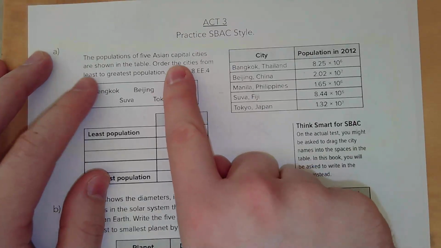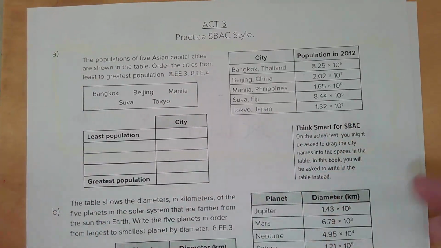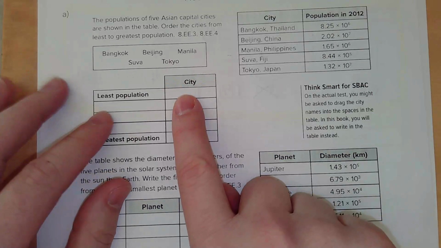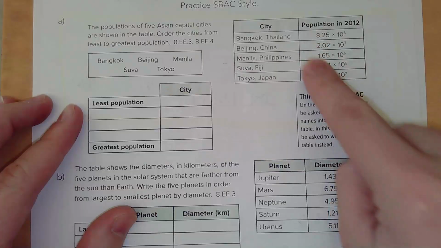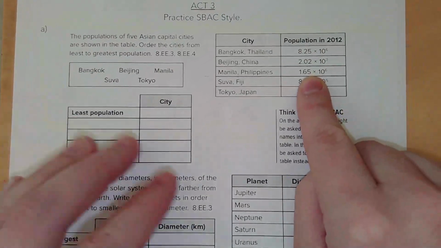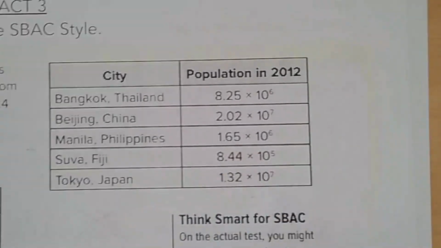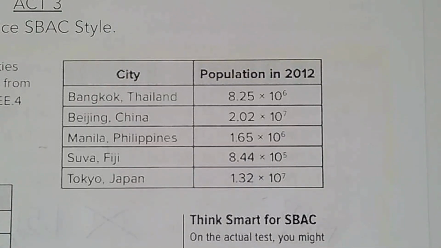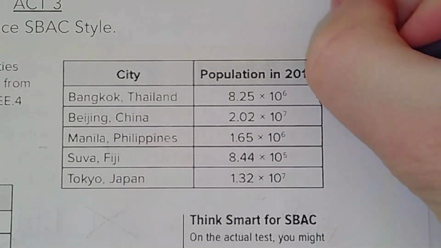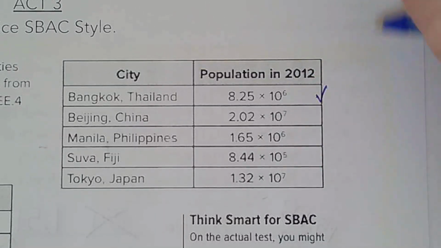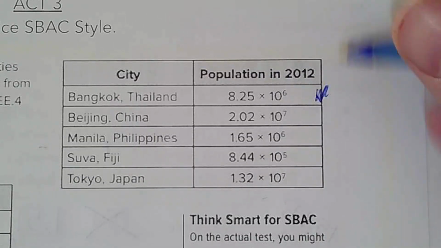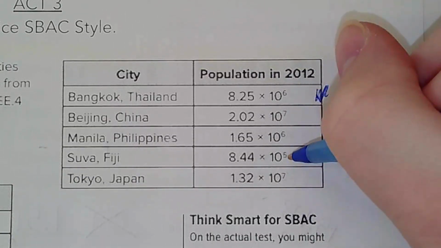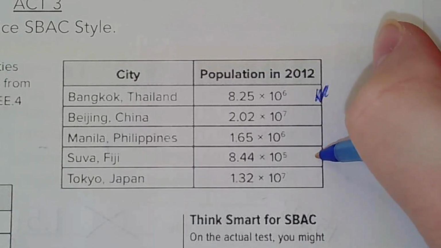So I want you to go ahead and answer these questions. The first one's about Asian capital cities and what their population is. So you're going to order it from least to greatest. And you're going to need to look at the population, which is written in scientific notation. So as you go, I recommend to put a little check mark on each one. Obviously starting with the smallest numbers first. So which one's the smallest? It's going to be the numbers with the smallest exponent.